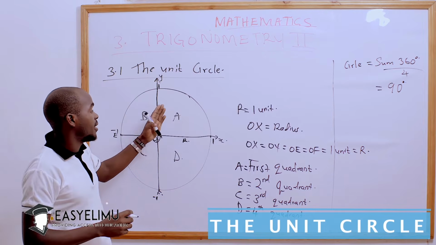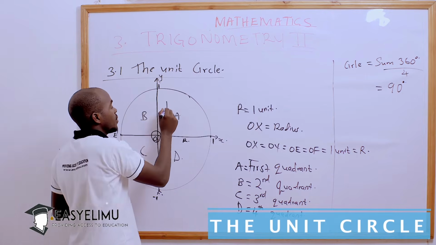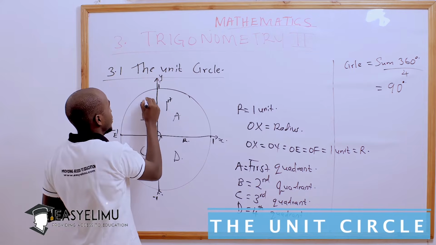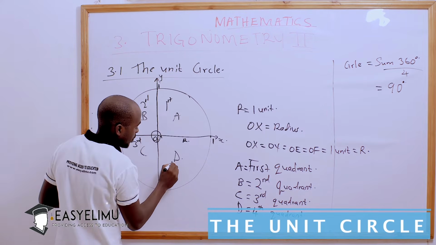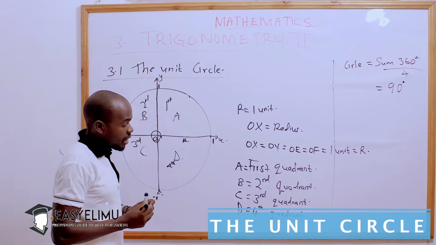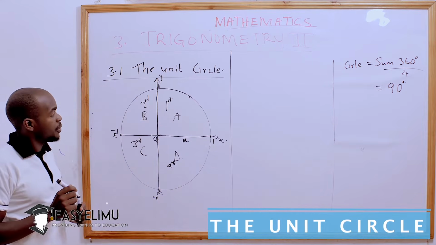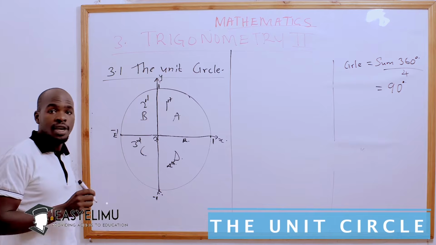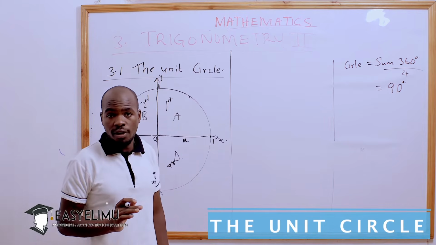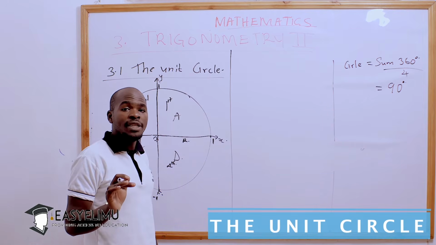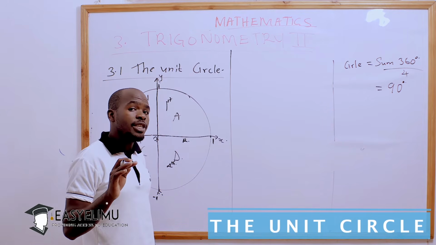And we have said this is the first quadrant, this is the second, this is the third, this is the fourth quadrant. Then from that description, we can see that if you want to measure any angle in this unit circle, angles are measured in different ways.